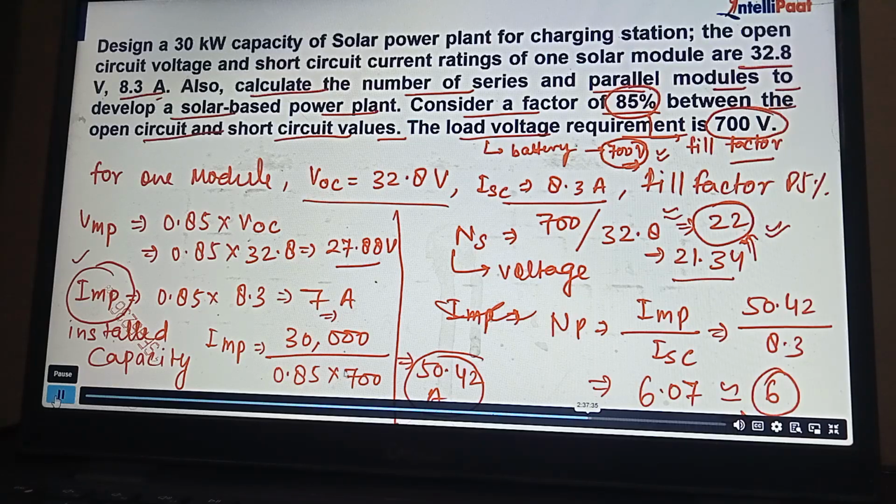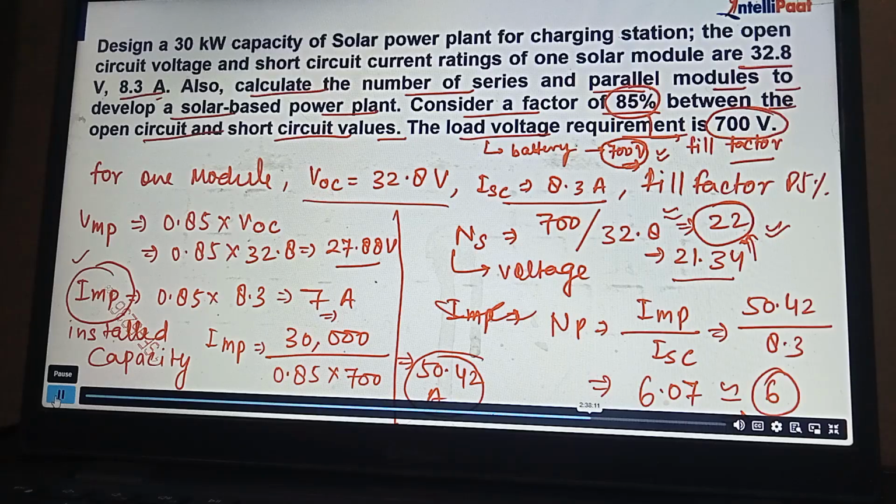This is simple P equal to V into I. But if you are calculating IMP, you have to take VMP, which is 0.85 of VOC, the total voltage, because here we are talking about the power of the total module, not of a single module.